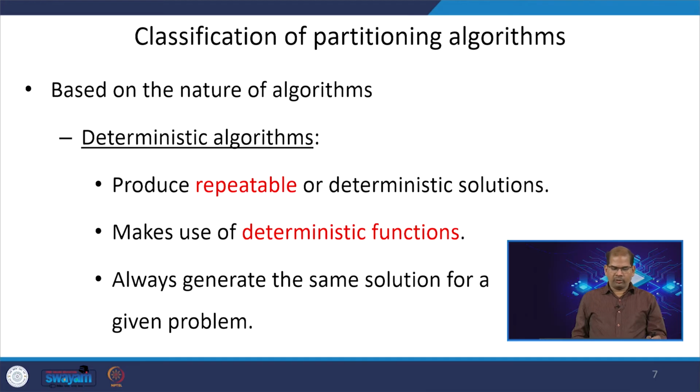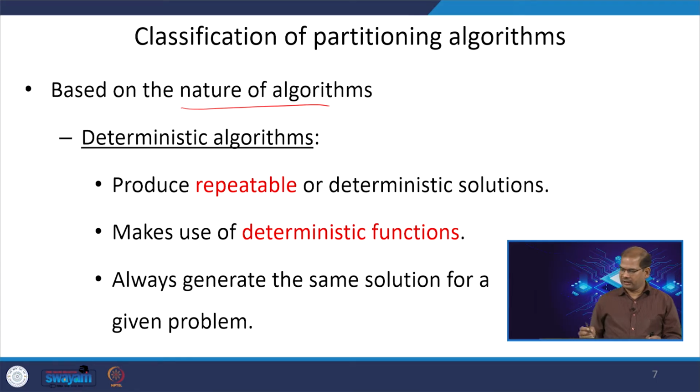Now we classify the algorithms based on the nature of the algorithm. Nature of the algorithm means that if you have some input given to an algorithm, the output is repeatable. Repeatable means it will give you the same solution all the time.